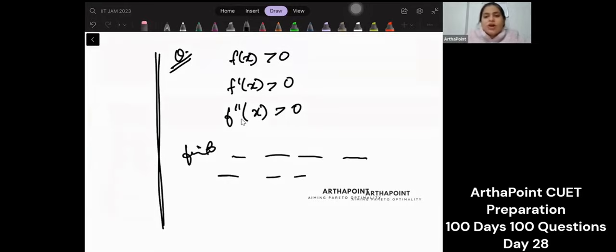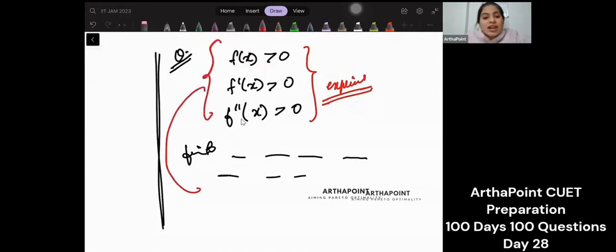They have given you some explicit properties of the function, but they haven't given you any function. You cannot do these questions unless you assume some function which follows all these three properties.